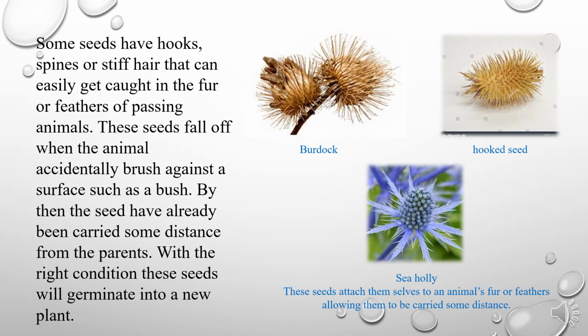Another way is some seeds have hooks, spines, or stiff hair that can easily get caught in the fur or feathers of passing animals, like a horse, parrots, and other animals that have fur and feathers.